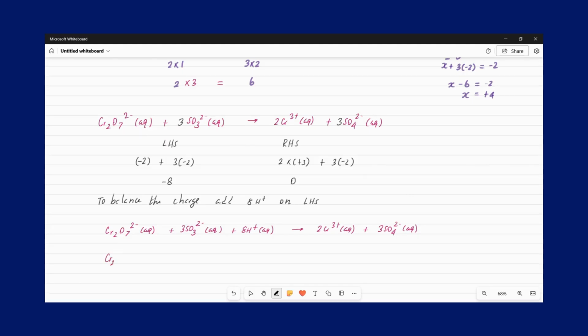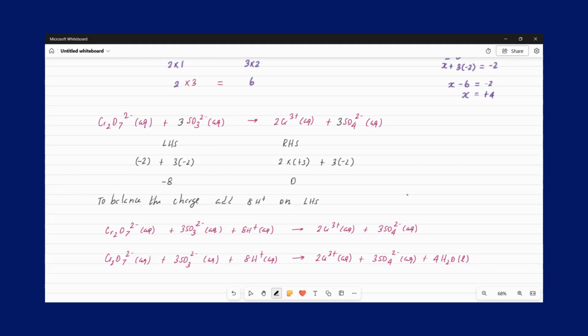So again I rewrite the equation. Cr2O7 2 minus aqueous plus 3SO3 2 minus aqueous plus 8H plus aqueous gives 2Cr3 plus aqueous plus 3SO4 2 minus aqueous plus 4H2O liquid.